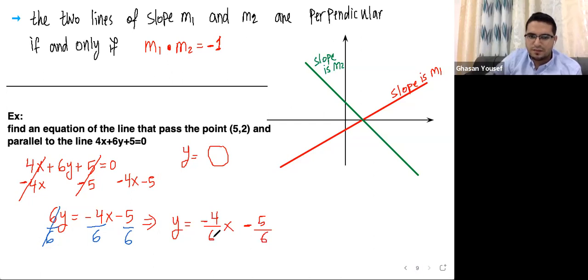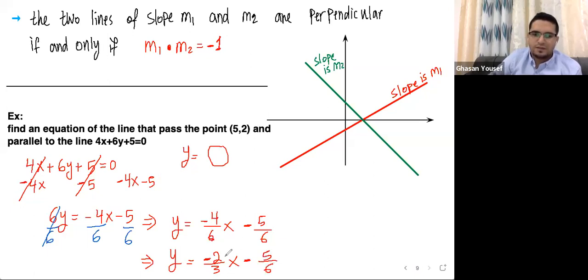Can I simplify this? Minus 4 over 6. Yes, he said minus 2 over 3. This is correct. y equals minus 2 over 3 x minus 5 over 6.